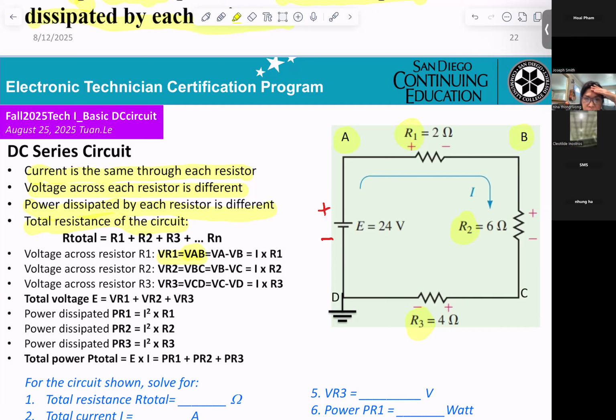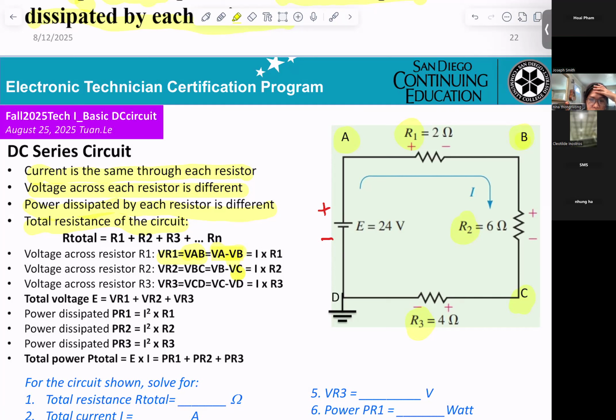VAB means VA minus VB. And VR2 will be the voltage from B to C. So that's why VBC means VB minus VC. VR3 is VC minus VD. That will be voltage equals I times R: I times R1, I times R2, I times R3.